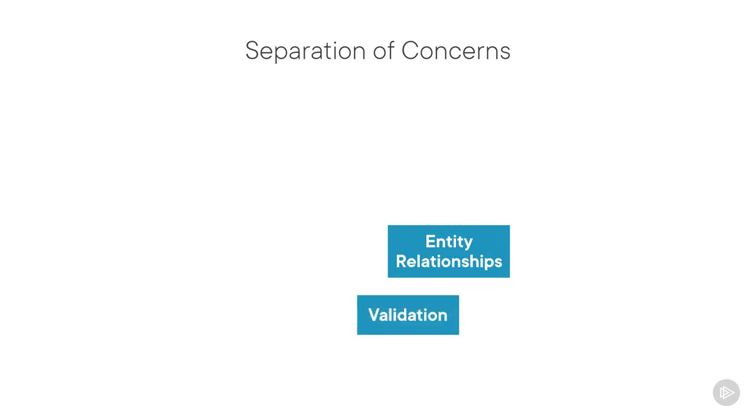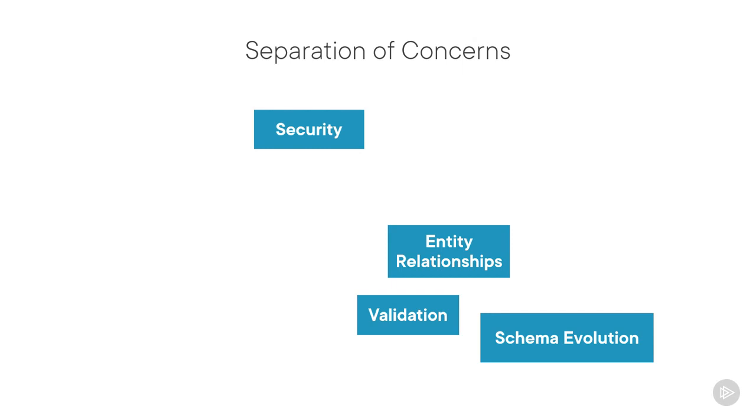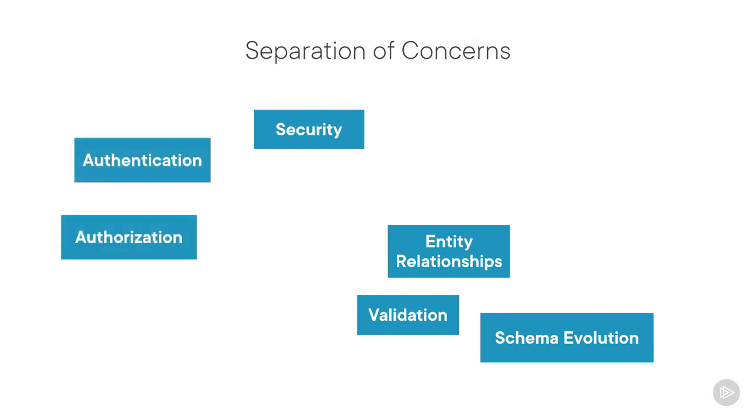There are a lot of variables to consider when planning a project. Chief among them are the entities and their relationships to one another. And we also need to be sure not to allow bad data into our system, and we need to evolve that data schema over time. But we also need to keep the data secure, and that also means authenticating users and authorizing their access to the system.